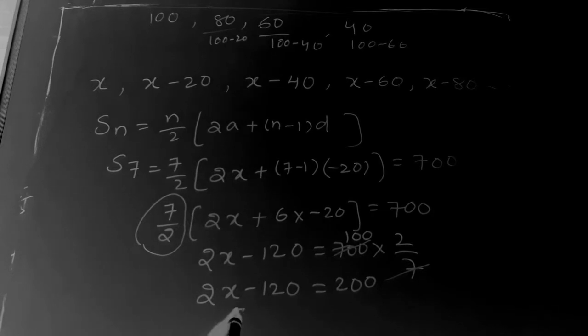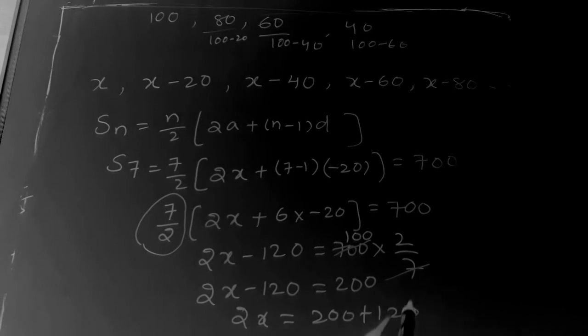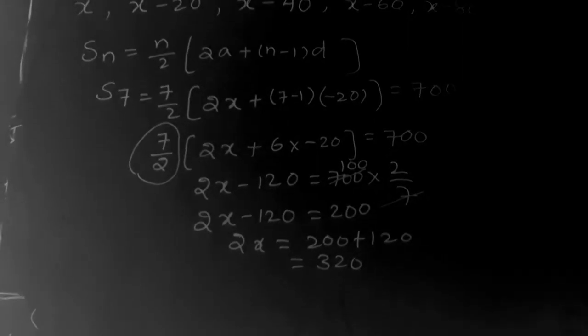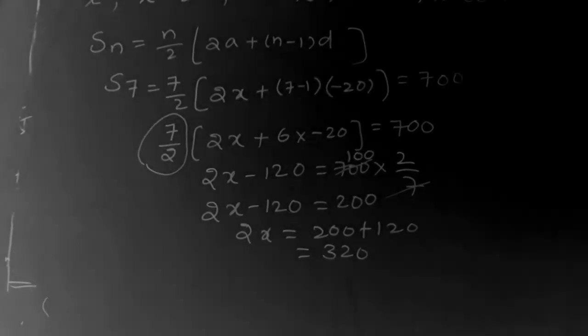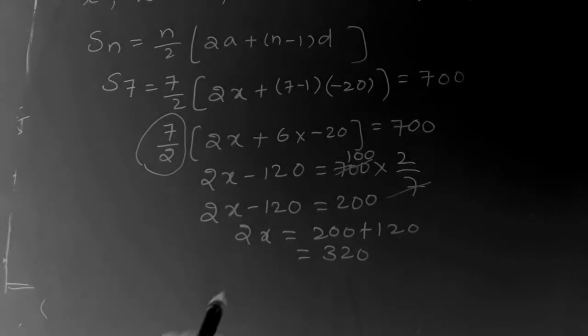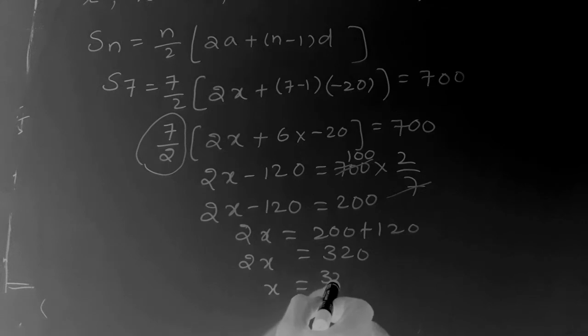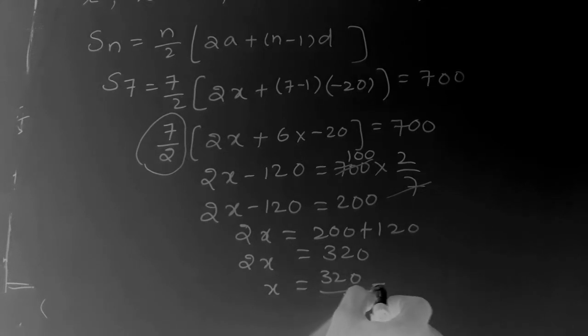Sending this 120 to the right side, 2x is equal to 200 plus 120, which is nothing but 320. So 2 times x is equal to 320, so x is nothing but 320 by 2. After cancellation, that is 160.